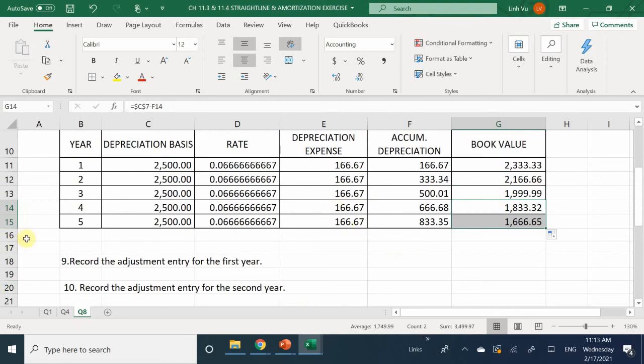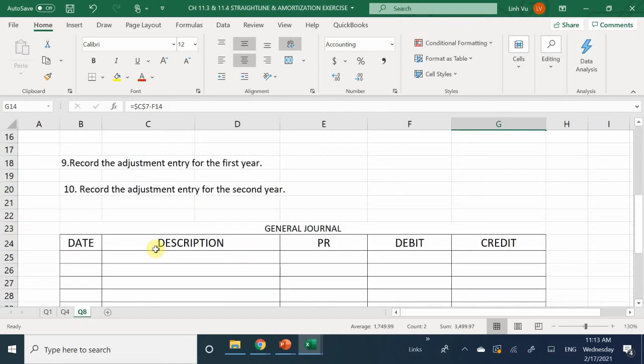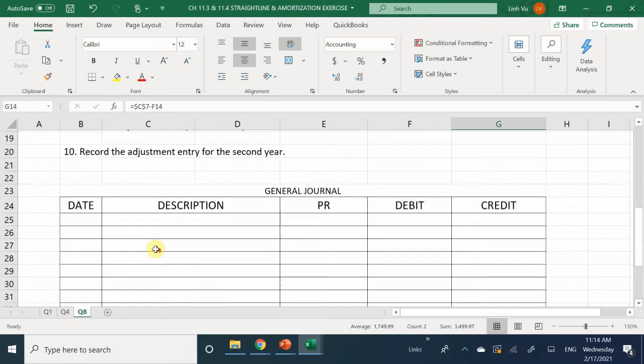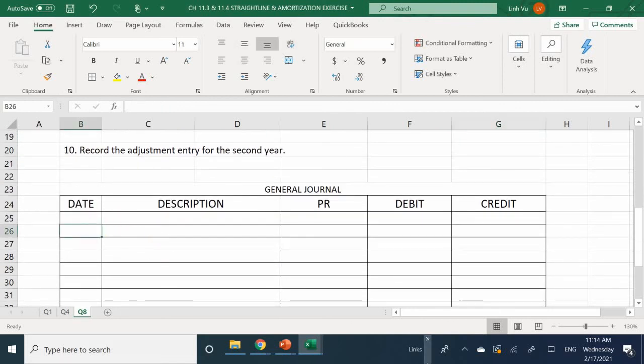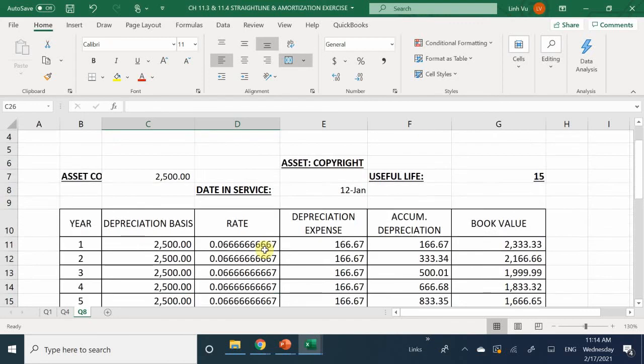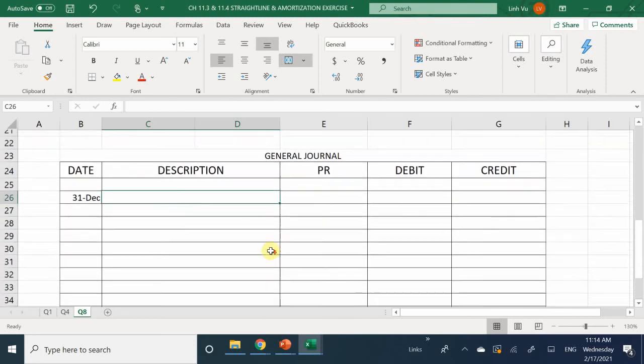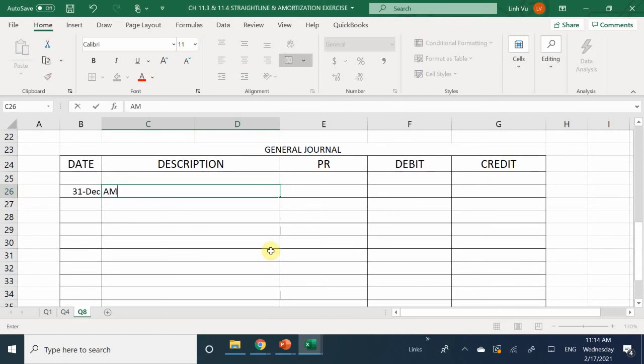Okay. Good. So now, last but not least, journalize and record the adjustment for the first year and for the second year. So what is my entry going to look like? Yeah, amortization expense and then accumulated amortization. Good.